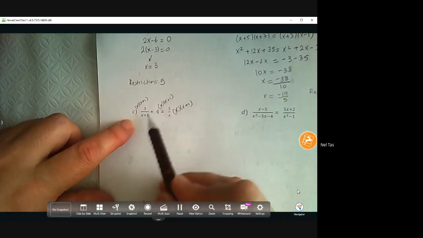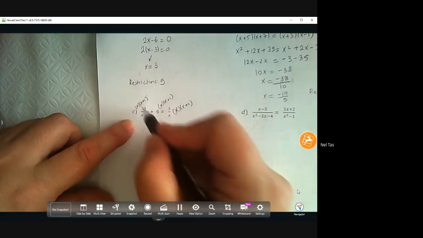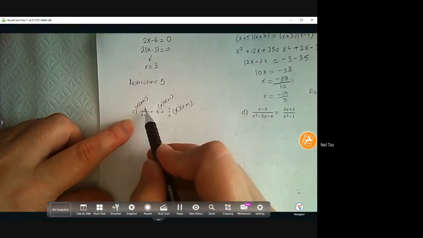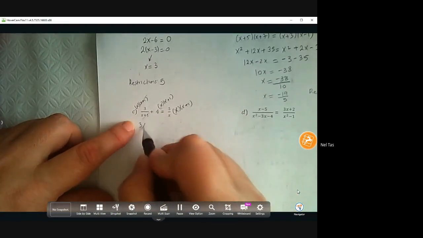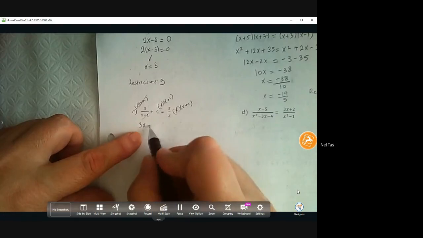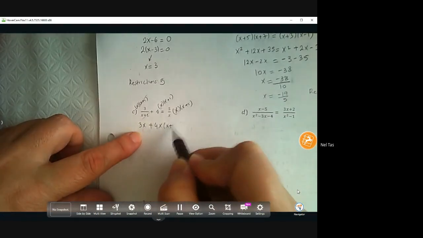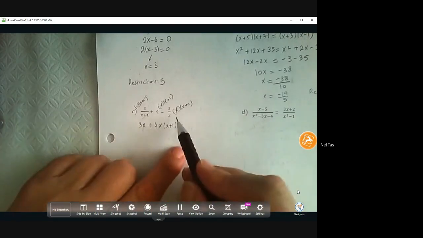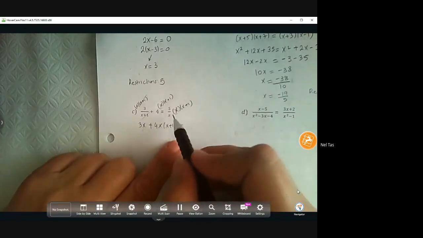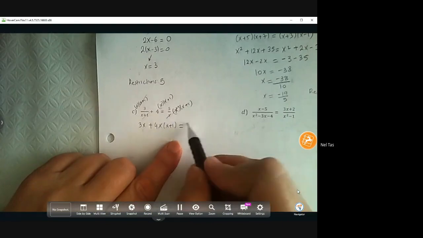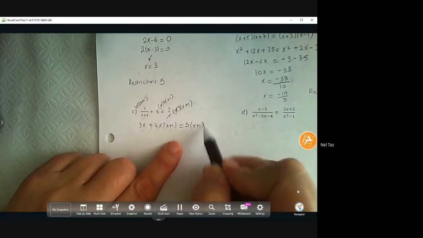If you look at the first term on the left, x + 1 is gone. We have 3 times x. And the second term on the left, 4 times (x + 1). The term on the right, x and x is gone. We have 5 times (x + 1).